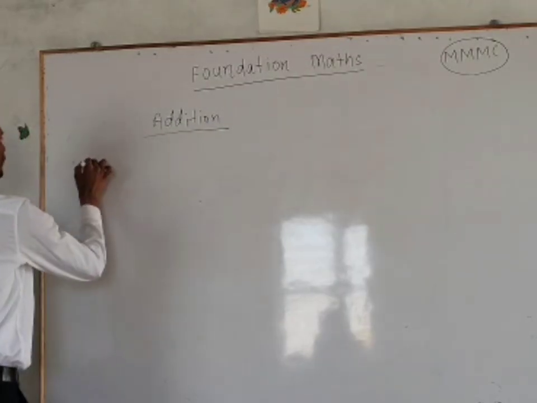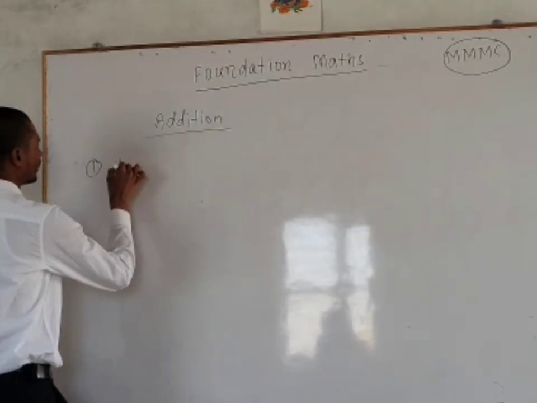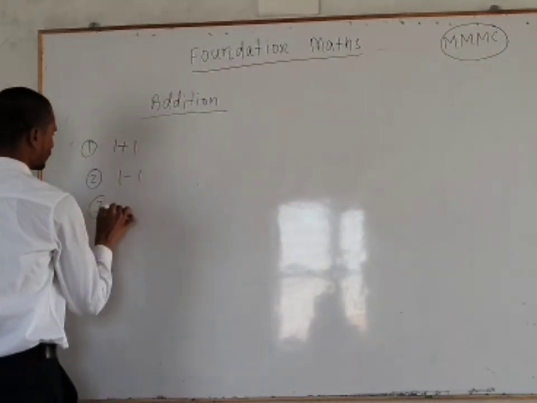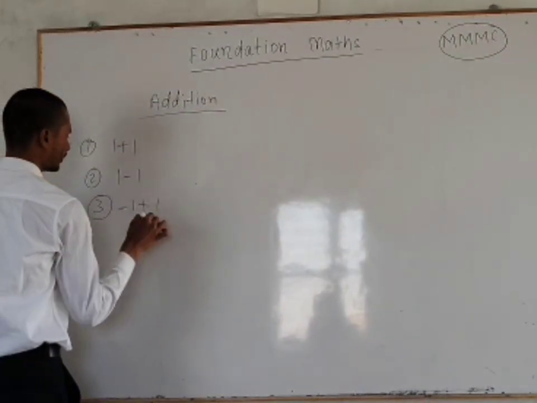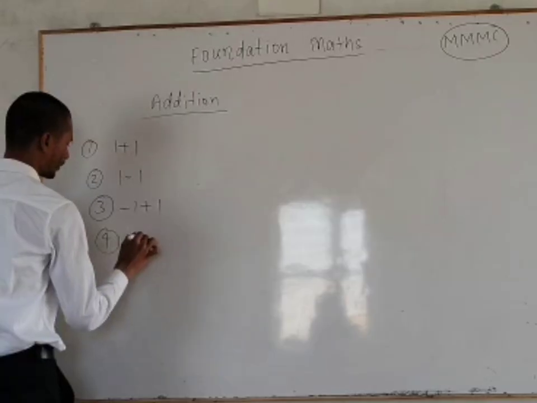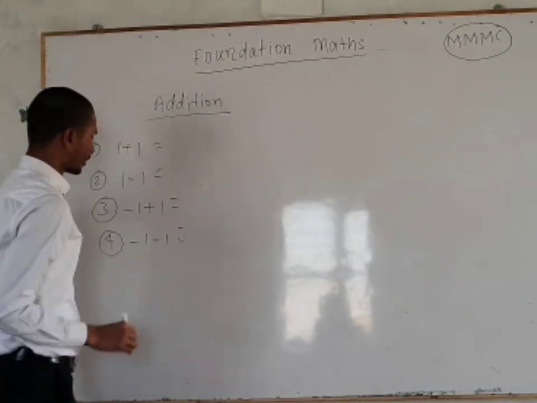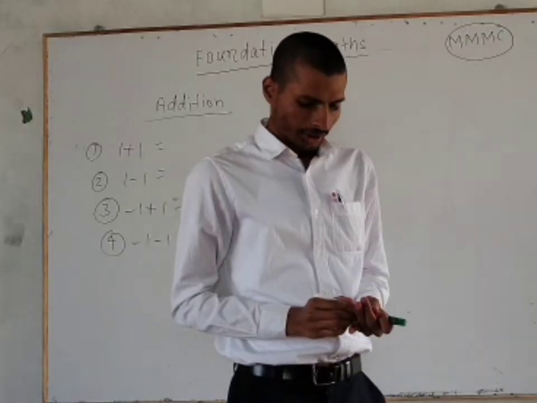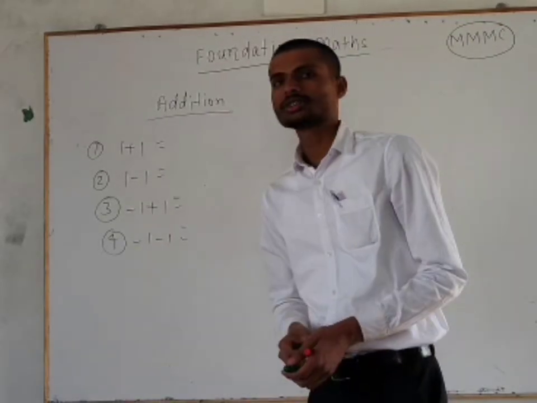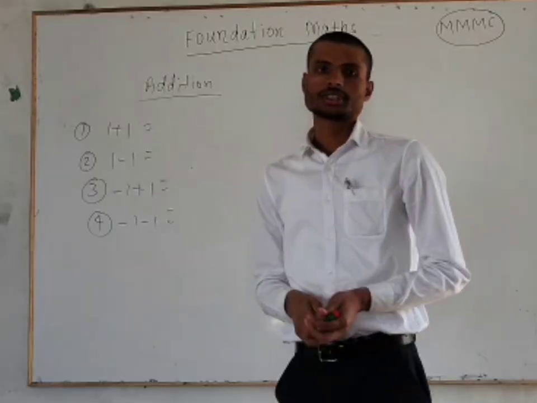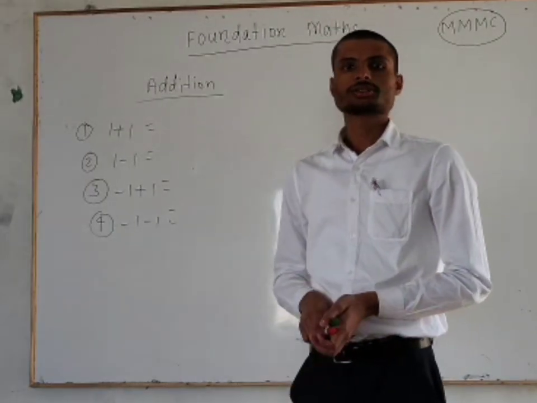The first example is 1 plus 1, the second is 1 minus 1, the third is minus 1 plus 1, and the fourth is minus 1 minus 1. In all these examples, even though minus is written, they are not subtraction.